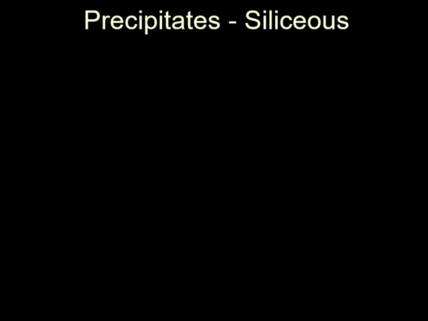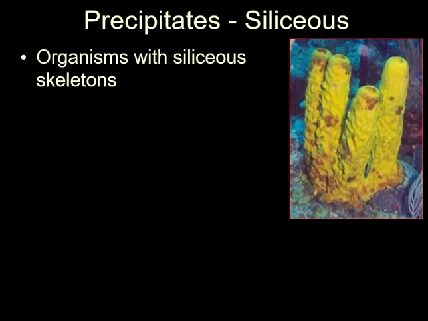So there are also siliceous precipitates, and these are related to, again, biogenic origins. You have silica in these organisms, in sponges, and these die and leave their skeletons behind. So in a way it's actually biogenic, but what happens, it turns into this ooze, which accumulates at the bottom of the ocean.